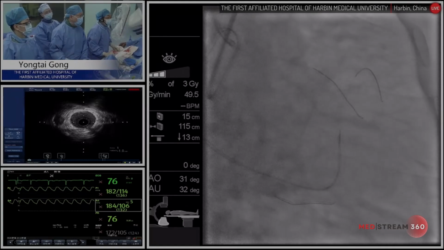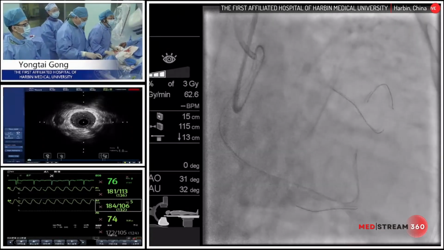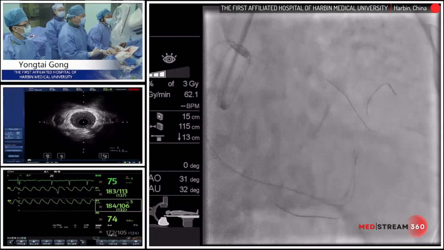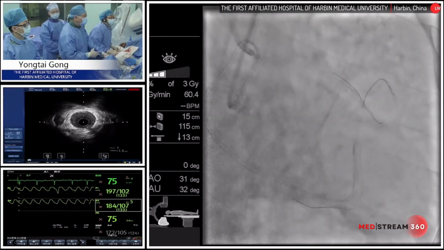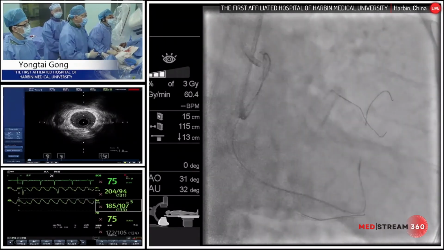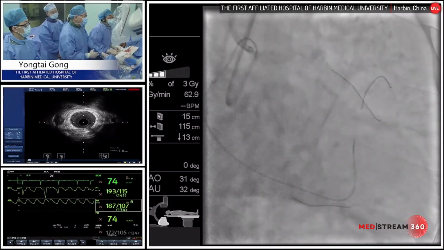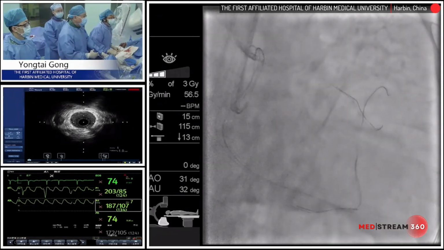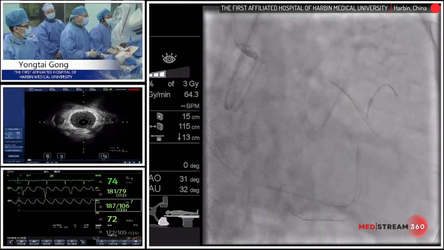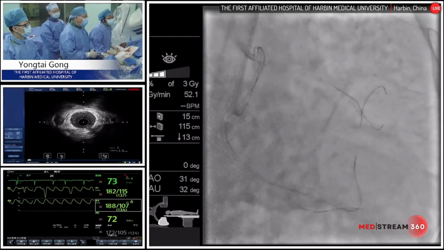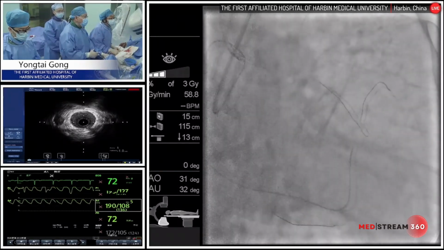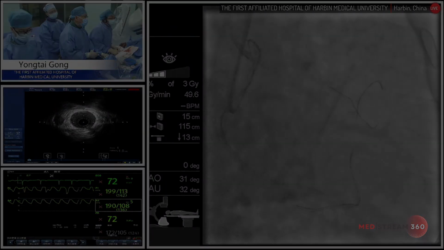Before we work on the LAD, first we use a balloon to dilate the focal severe stenosis of the circumflex, and one stent has already been put in the mid part of the circumflex. Later we may check the angiography as well as the IVUS image of the circumflex. It is well expanded with no dissection.